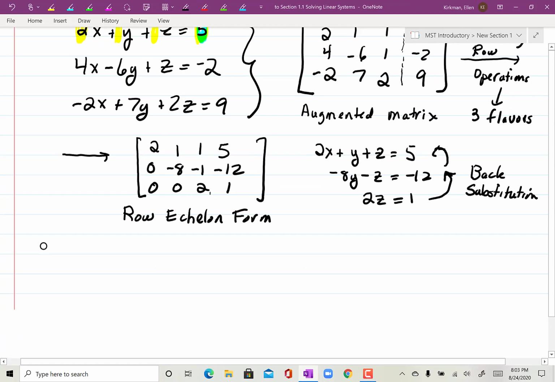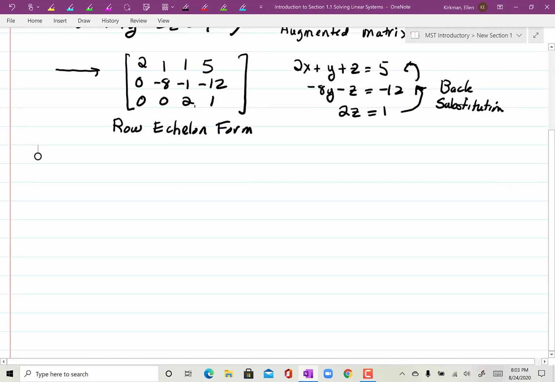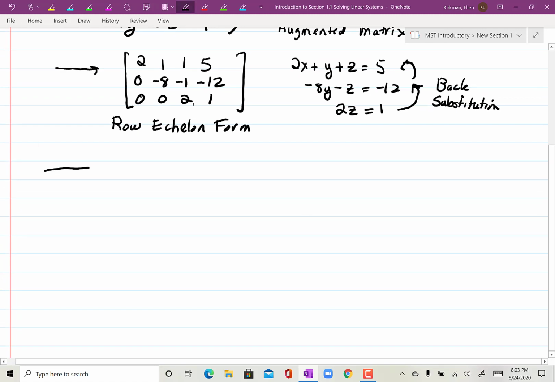Alternatively, to avoid the back substitution, we could reduce this further, and it really just amounts to doing this substitution, in which case we would get 0, 0, 1, a half, 0, 1, 0, 11 eighths, and 1, 0, 0, 21 sixteenths.